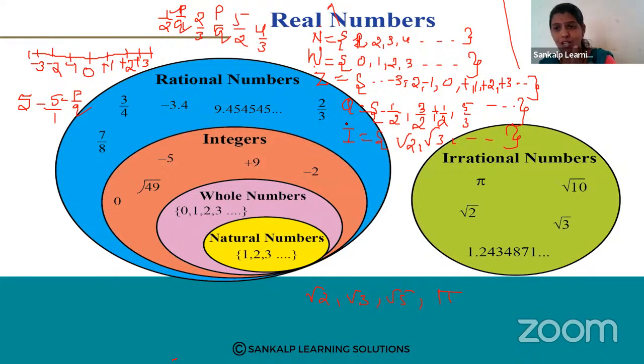In real numbers, natural numbers are also there, whole numbers, integers, rational, irrational numbers, all types of numbers are there. So that set of numbers we call real numbers.